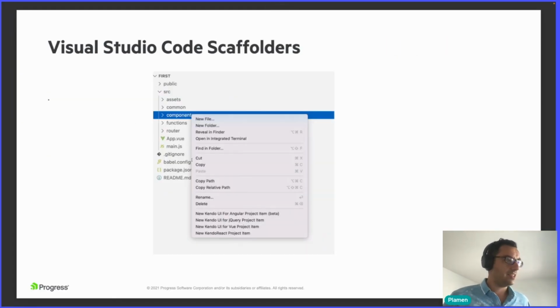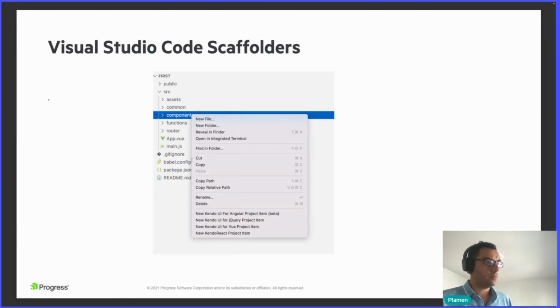The next thing is the Visual Studio scaffolders. There we have a new getting started article in our documentation. I will show it in a bit. And we have this Visual Studio Code extension. You go there, download it, and you can create an amazing, brand new Vue application with a getting started grid, chart, or form components for Vue.